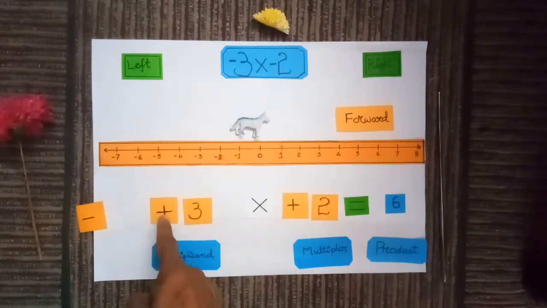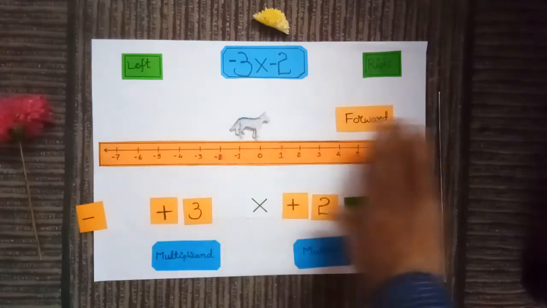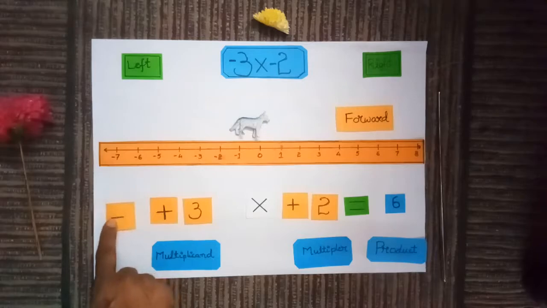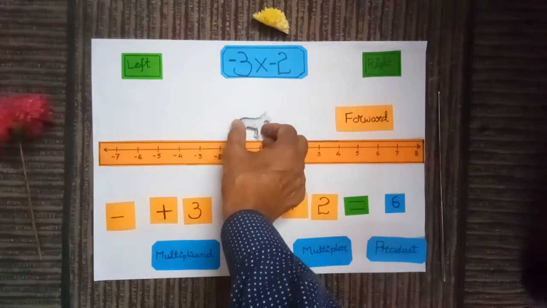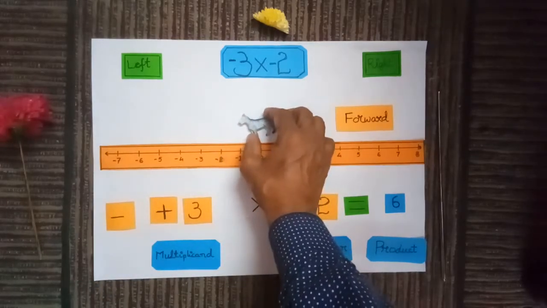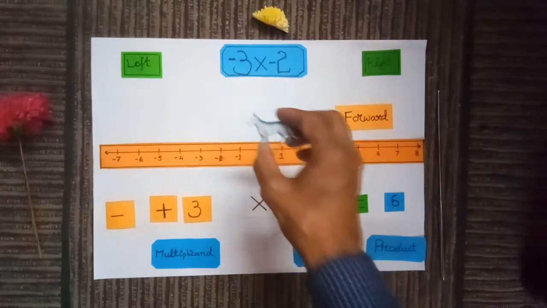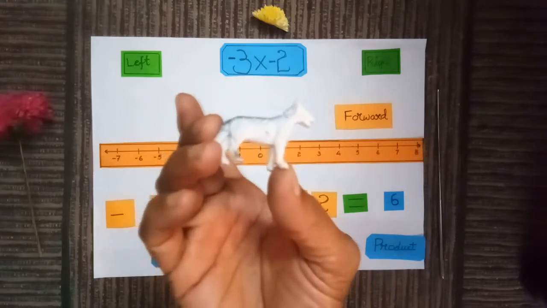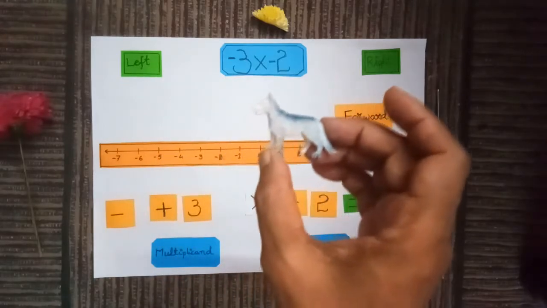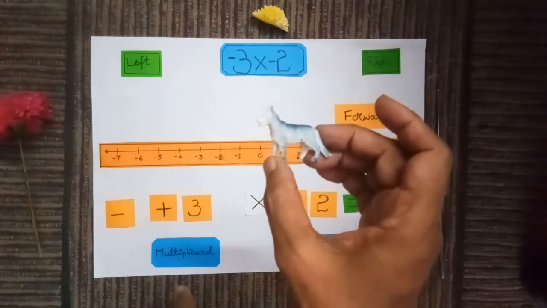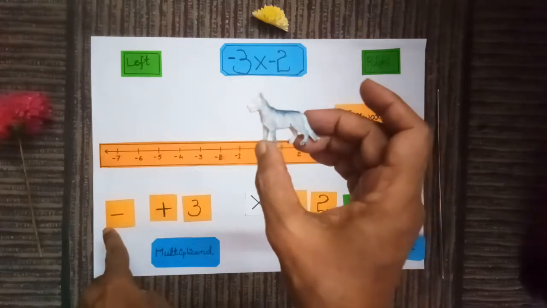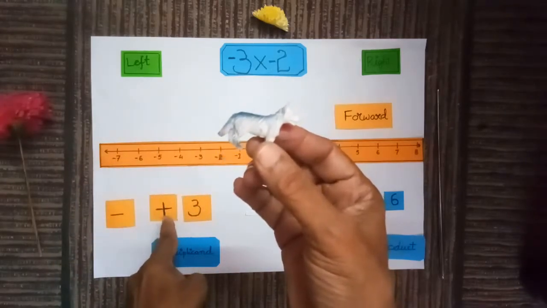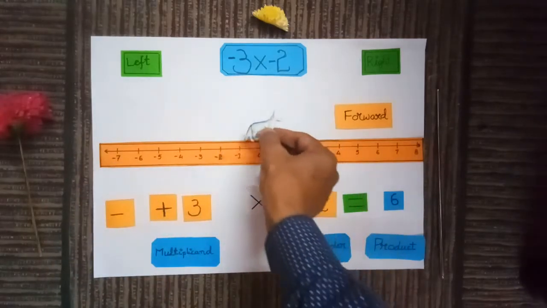If it is negative, then you must assume that the dog is facing the left side, like this. It may face right or it may face left. If it is facing left, then for the multiplicand we must use the negative sign. If it is facing right, you must use the positive sign.